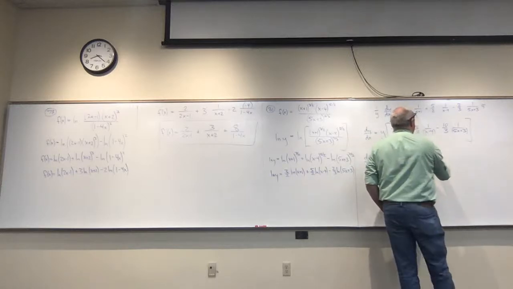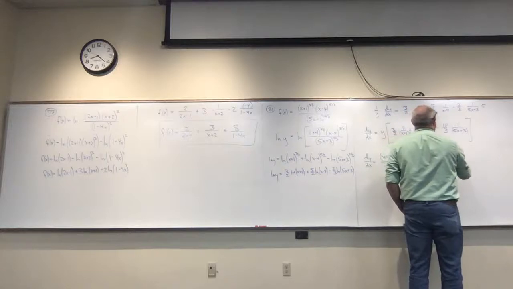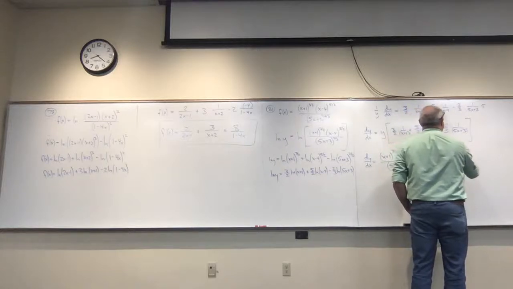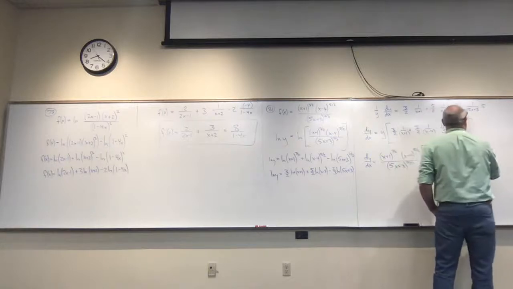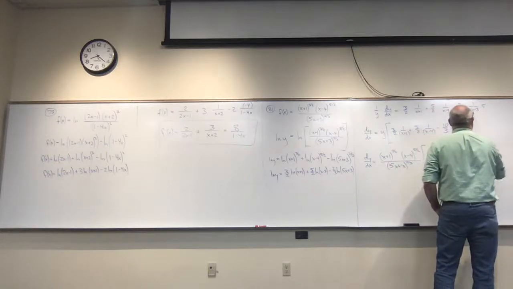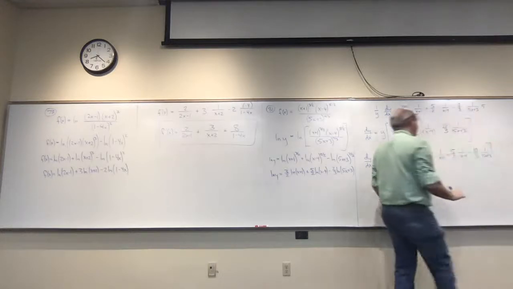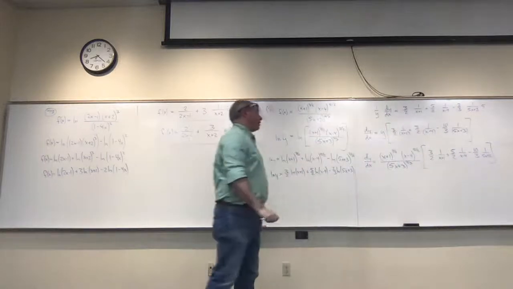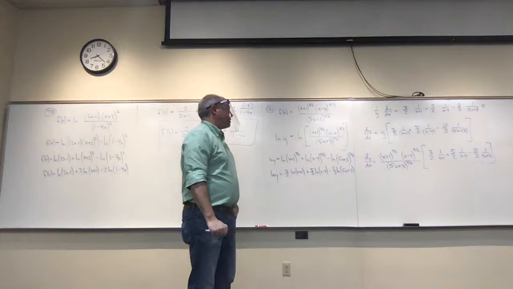So 3 over 2 times 1 over x plus 1 plus 5 over 2 times 1 over x minus 4 minus 10 thirds times 1 over 5x plus 3. So that's pretty nasty, but that is the answer.